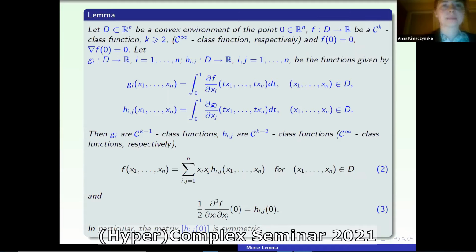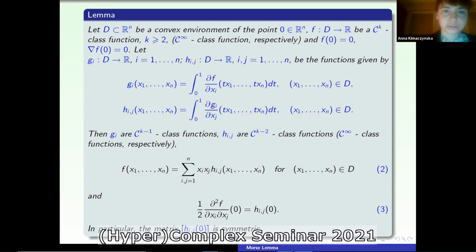Next lemma: let D be a subset of Rn, a convex environment of the point 0 in Rn, f be a C^k class function, k is greater or equal to 2, or C infinity class function respectively, and f of 0 is equal 0, and the gradient, which we denote here nabla f of 0, is equal 0.